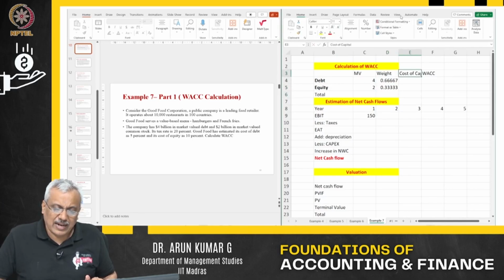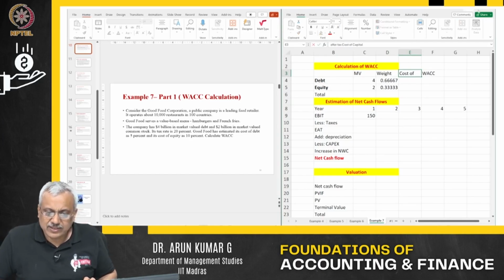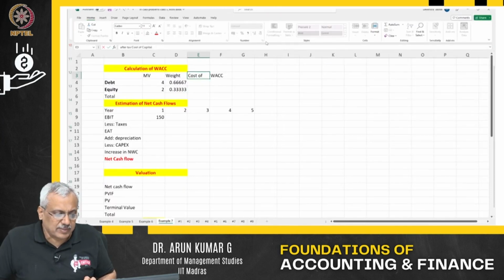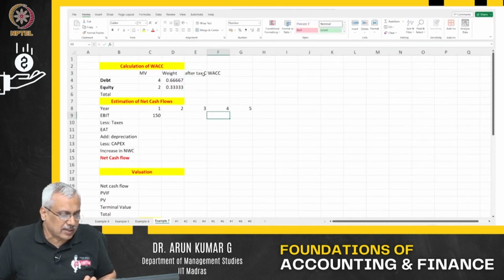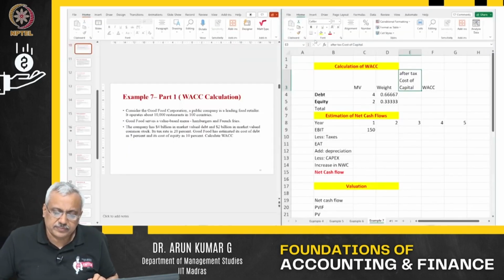And let us look at after tax cost of capital. I will add after tax here. After tax cost of capital, similar to the other aspects here. I am just adding the after tax cost of capital here.